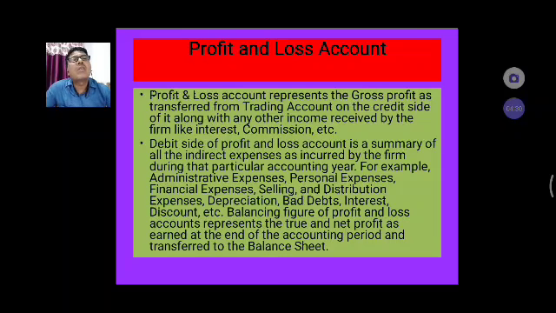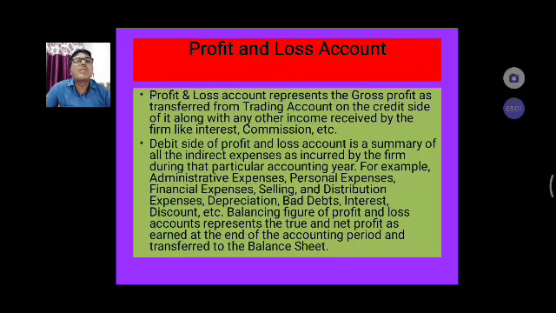Then profit and loss account. Profit and loss account represents the gross profit as transferred from trading account on the credit side of it, along with any other income received by the firm like interest, commission, etc. Debit side of profit and loss account is a summary of all the indirect expenses as incurred by the firm during the particular accounting year.